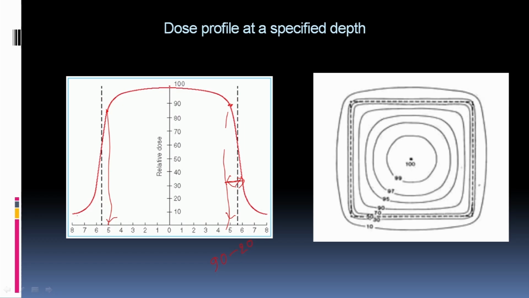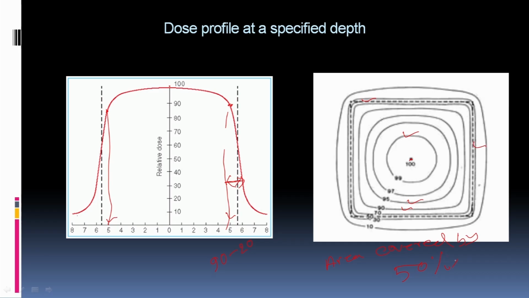Now this is the cross sectional view of any field. Here the center is 100% and you can see this is 99% on the dose profile, this is 95% and this is 90%. So the radiological field is defined as the area covered by the 50% isodose line. Here you can see this dotted line is the 50% isodose line.